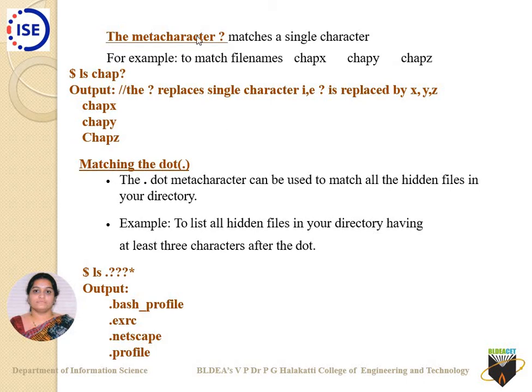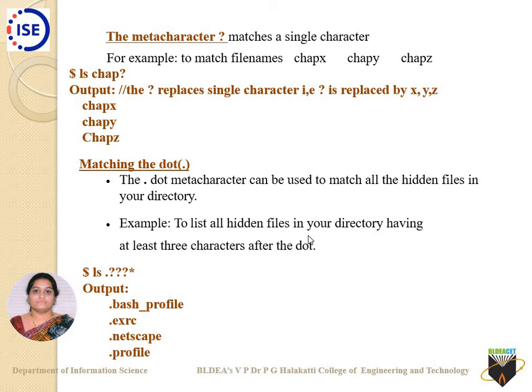Next, my first meta character is an asterisk, the second meta character is a question mark, and the third meta character is a dot. Whenever I have a dot as a meta character, always keep in mind it is usually used to match the hidden files in your directory. Any hidden files will be detected using this dot.